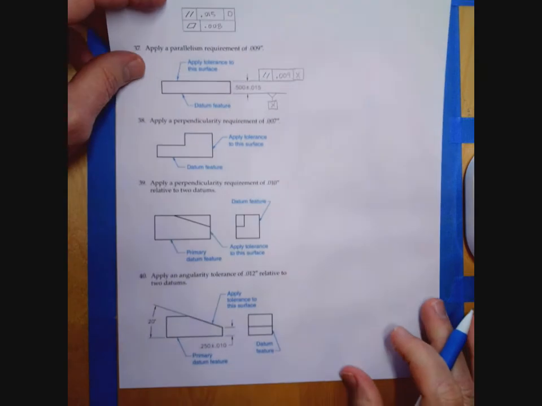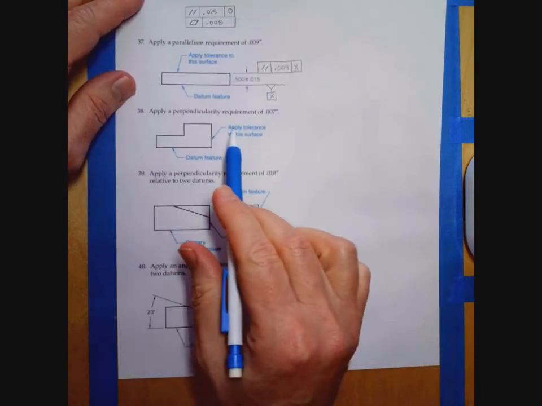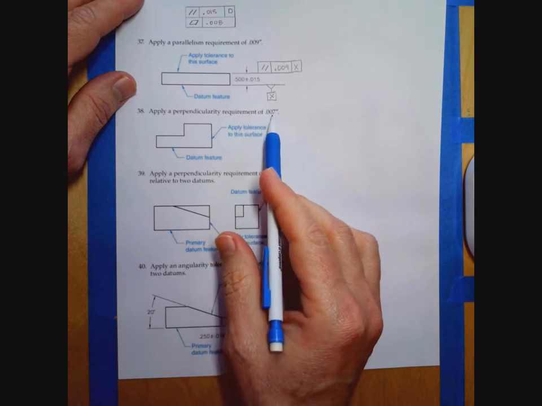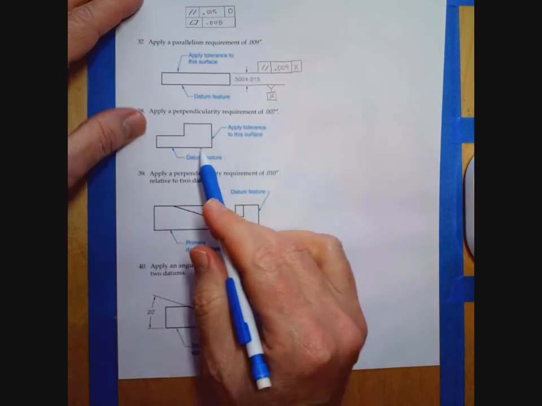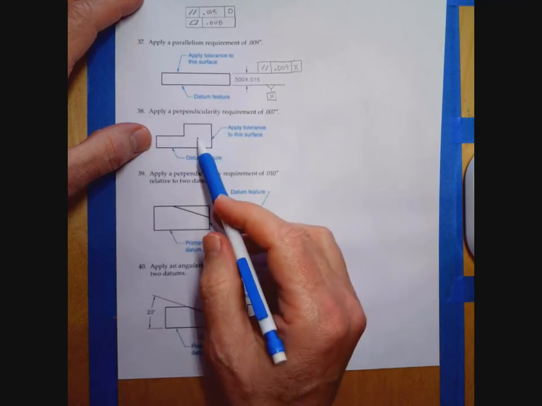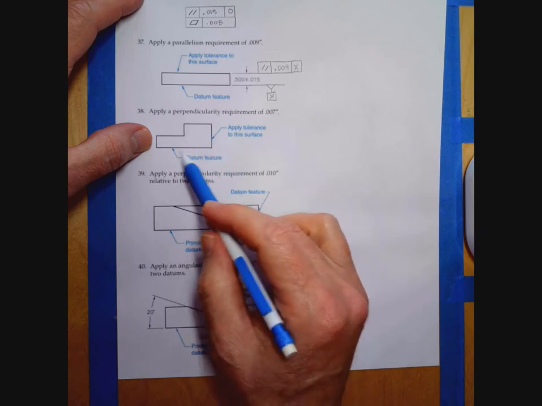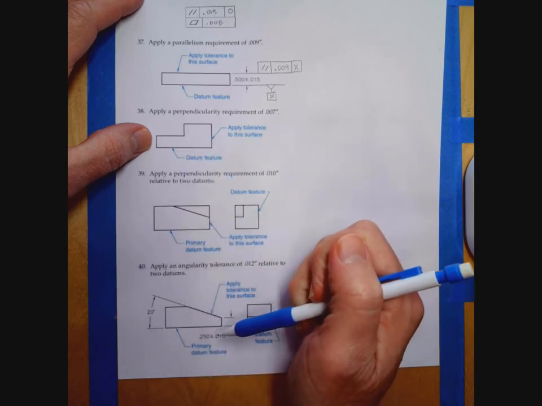All right, let's move on to a similar problem. Apply a perpendicularity requirement of 7 thou to this object. So again, we have a front view or whatever view we have of this object, and it says apply the tolerance to this surface, and this is going to be our datum feature.